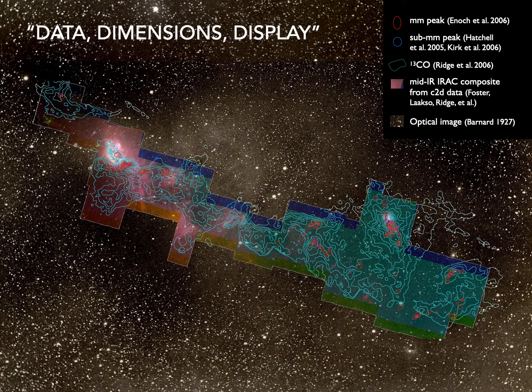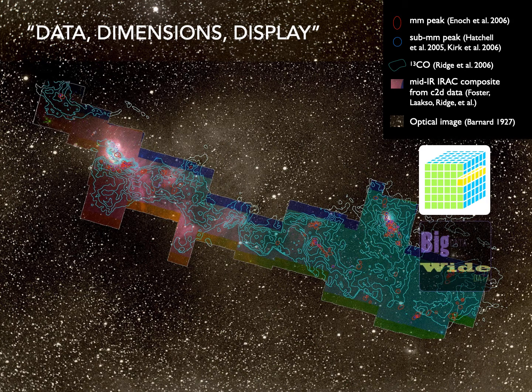And this display that you see here is actually a compilation of many different kinds of data that are themselves quite high dimensional in that they are taken at different wavelengths. But one of the data sets, the one that's marked with green contours here, is itself actually three-dimensional. And we'll return to that in a moment.